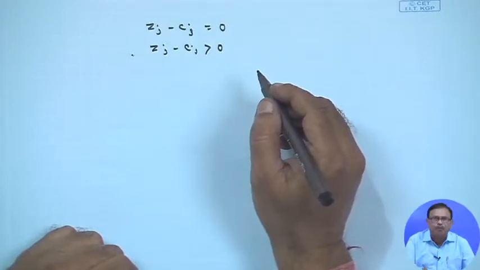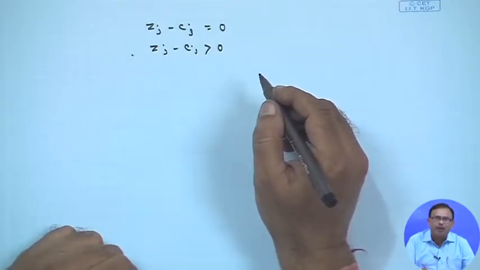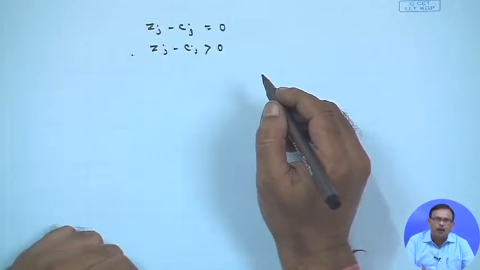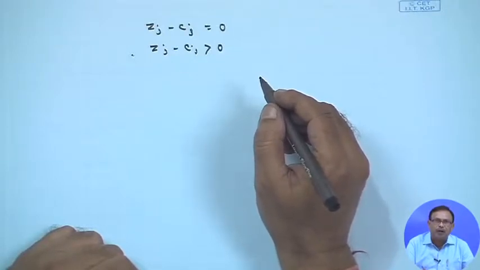In general, for optimality, Zj minus Cj should be greater than or equal to 0. So Zj minus Cj should be 0 for basic variables, and greater than 0 for non-basic variables. This we will see.